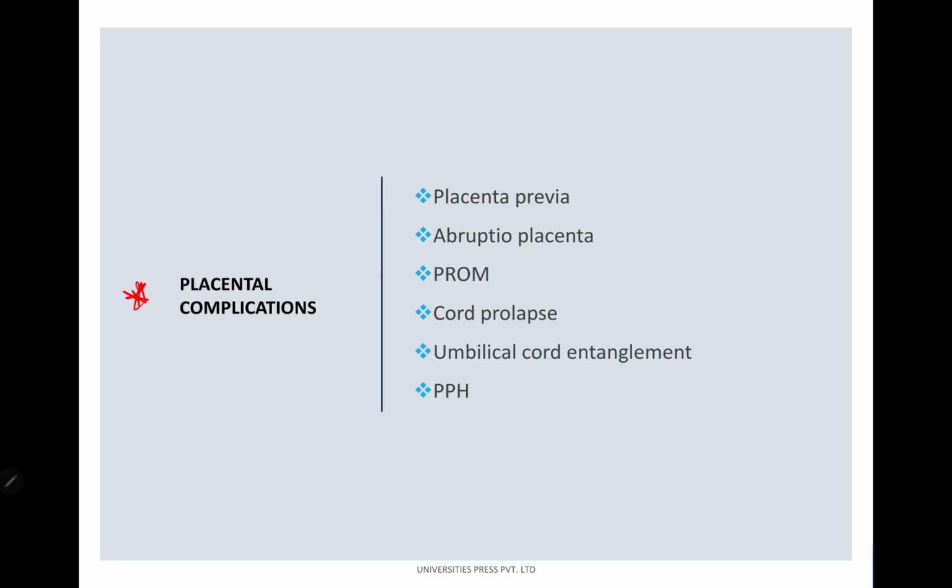So what are all the placental complications? The first placental complication is placenta previa. So what is this placenta previa? Placenta previa is nothing but placenta that implants over the lower uterine segment and covers the internal cervical os.